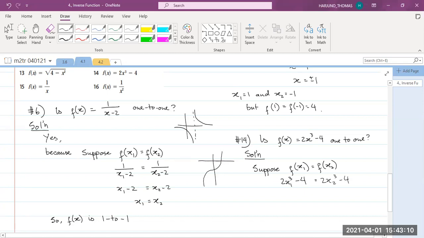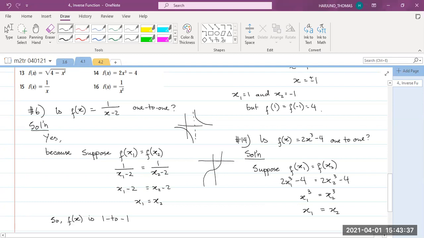You add 4 and divide by 2, then you get x1 cubed equals x2 cubed. Now, when I apply cube root, I get x1 equals x2.